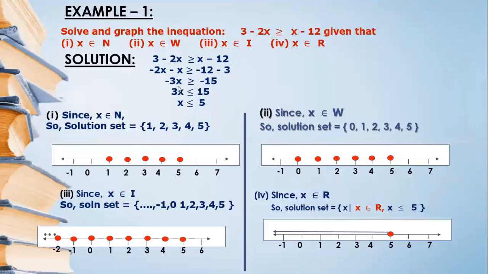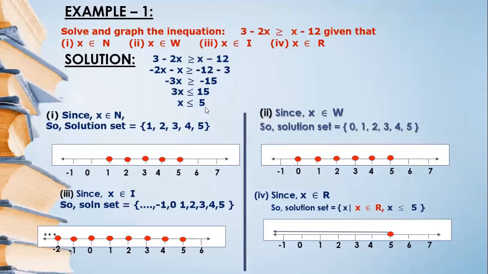So here minus 3x is becoming positive, minus 15 is also becoming positive, so this inequality sign will reverse. Since here we have greater than or equal to, on changing the sign it will become less than or equal to. How? By shifting this 3 towards RHS, we will get x less than or equal to 15 by 3, which will give x is less than or equal to 5.